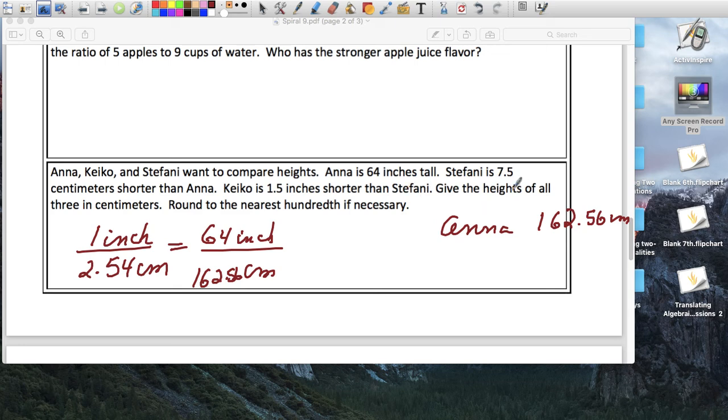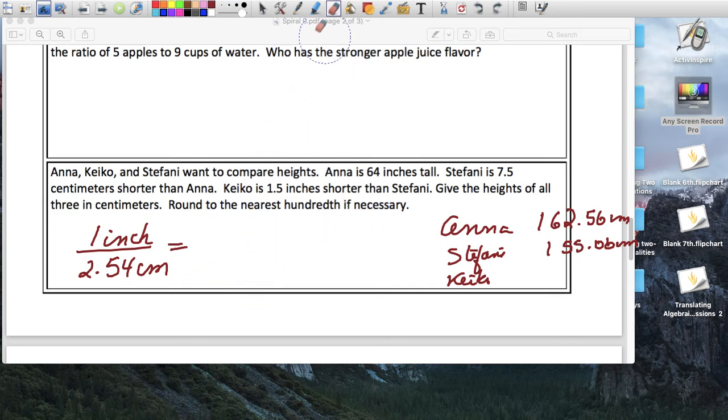Stephanie's 7.5 centimeters shorter, so to find Stephanie, we take Anna, 162.56 centimeters, and subtract 7.5, and you get 155.06 centimeters.